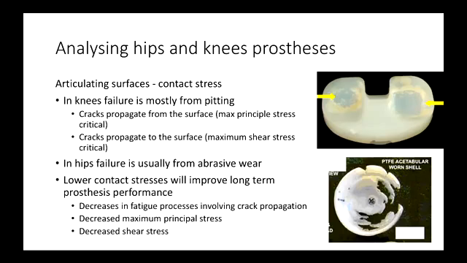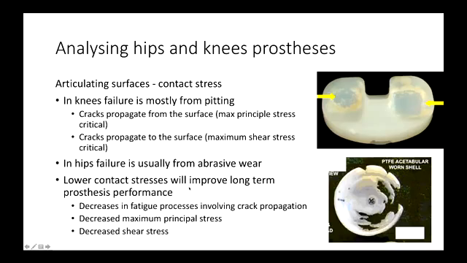Okay, so talking about contact stress, in the knees the failure is mostly from pitting. So there's the image there showing what pitting looks like, where cracks propagate from the surface of the polyethylene. So with contacts, you get some cracks on the surface and they propagate down, and then they start getting carved out. Whereas in the hips, abrasive wear.